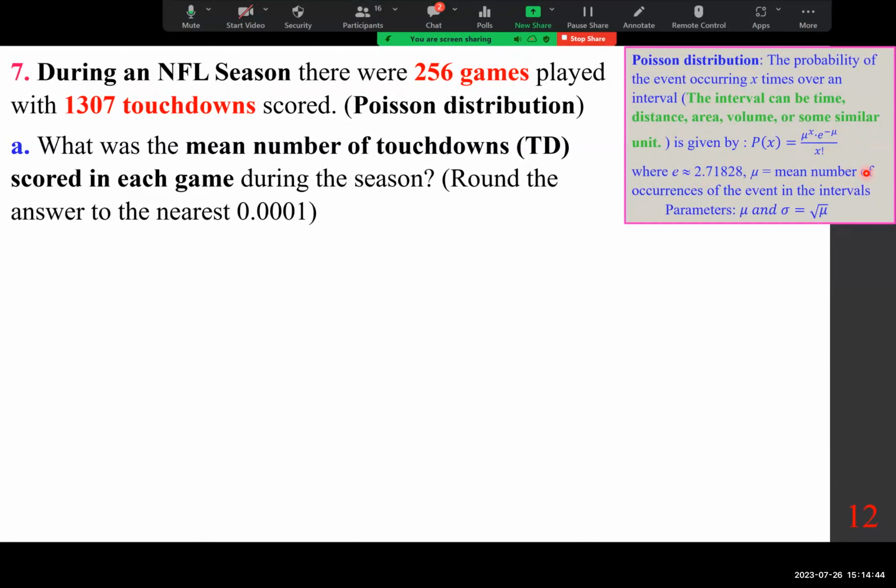Mu is mean number of occurrences of the event in the intervals. The parameters are mu and sigma, where sigma is square root of mu. And in some texts, they use lambda, class.